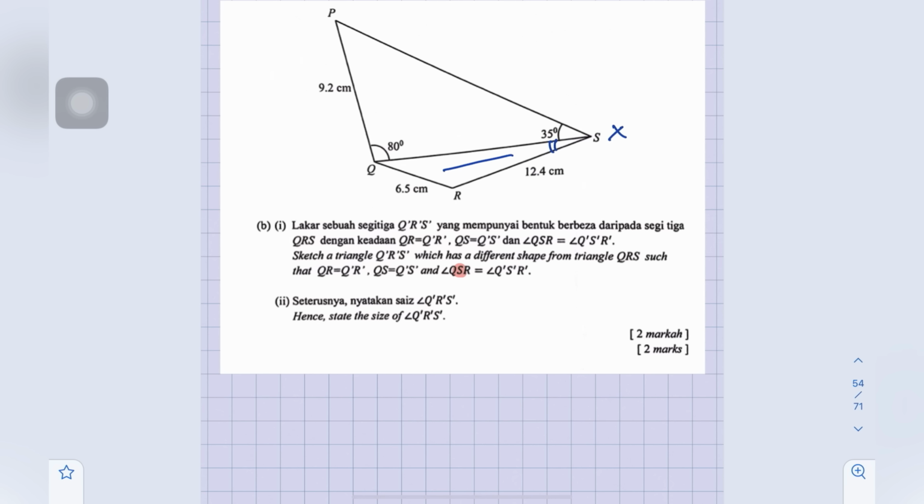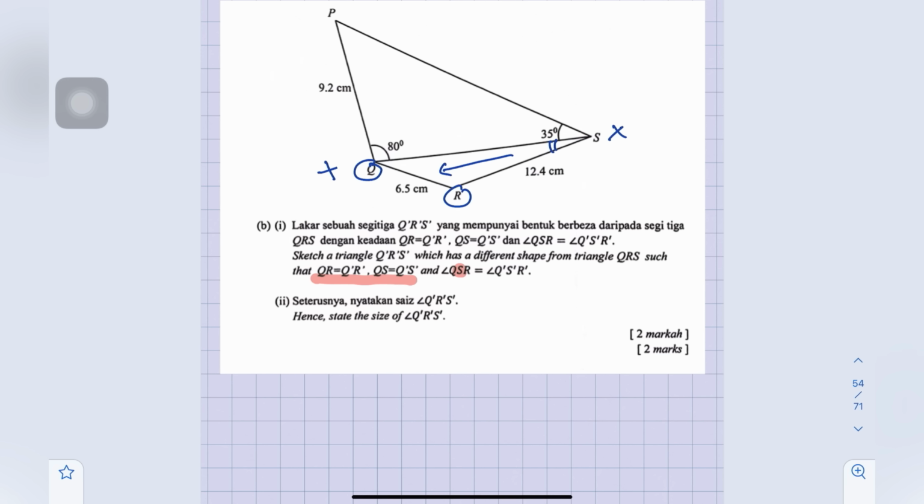Okay, so maksud kita kena movekan sama ada Q ataupun R. From the information kat sini, QR, Q prime R prime, QS, Q prime S prime, ada huruf yang semua ada ialah Q. So meaning that Q ni tak boleh berubah.